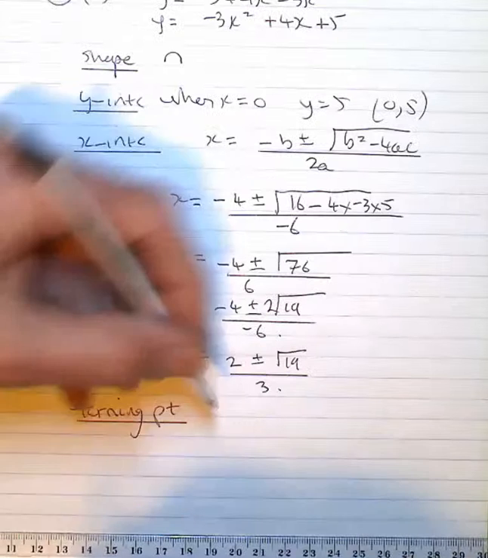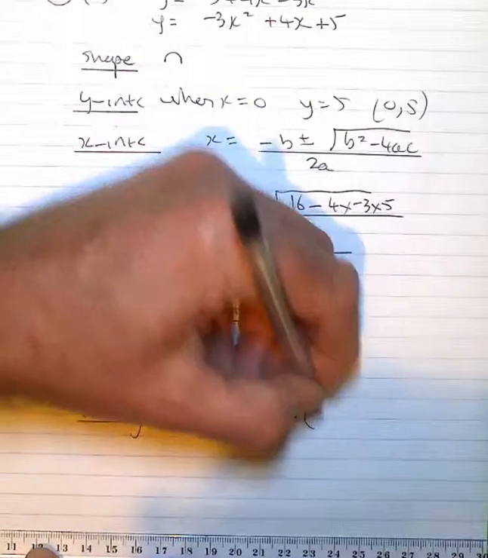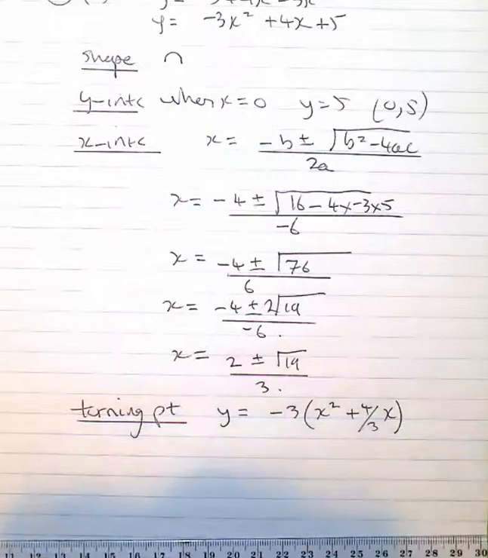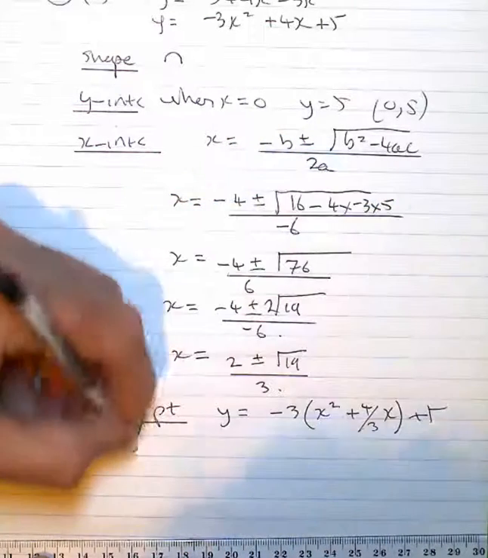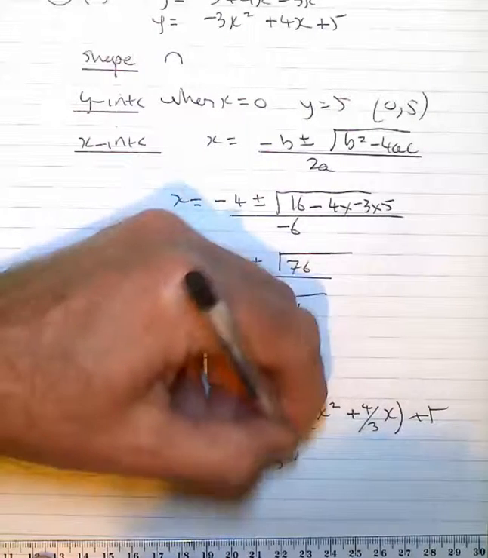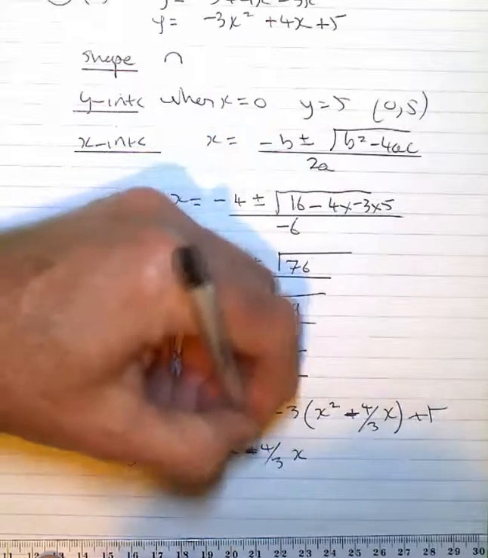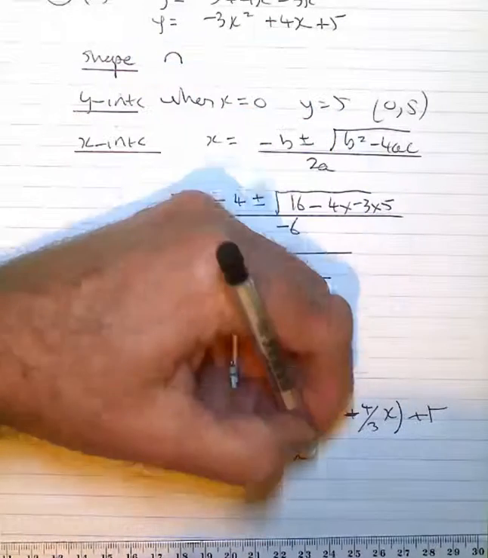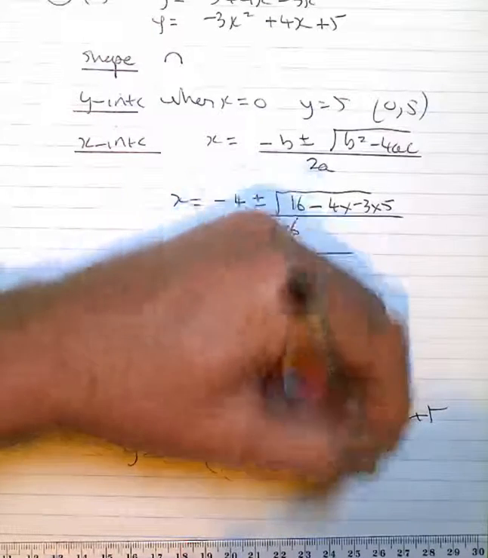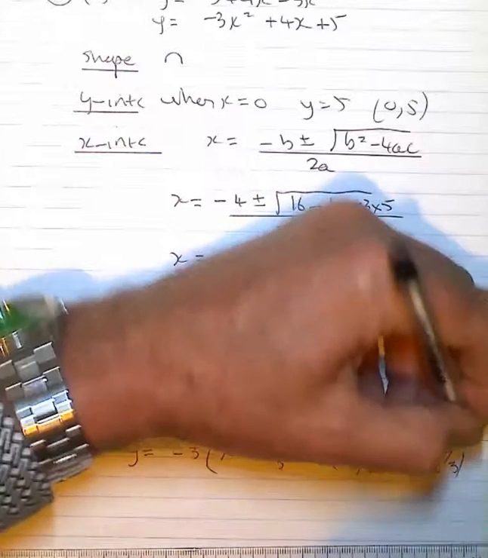The turning point, what I will do first is just to take that negative 3 out. Halving and squaring that would be 2/3 all squared, plus 5 plus 2/3 all squared times 3.